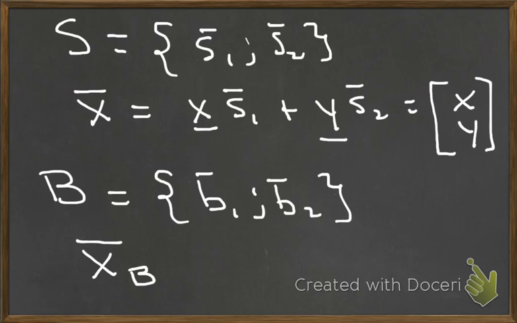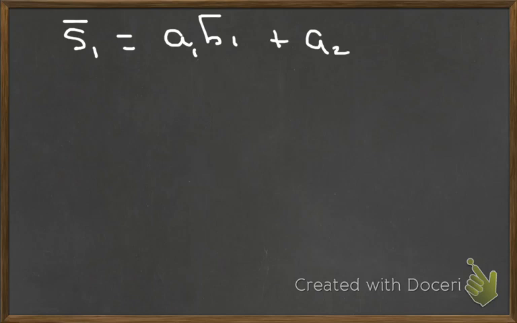And so what if we took this approach? What if we first figured out how we could write S1 in terms of the basis B? So it might be something like A1 times B1 plus A2 times B2.